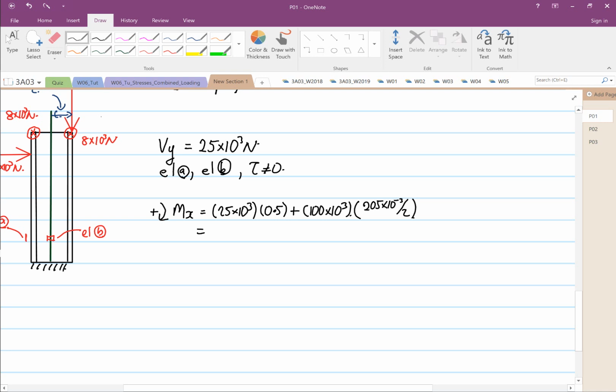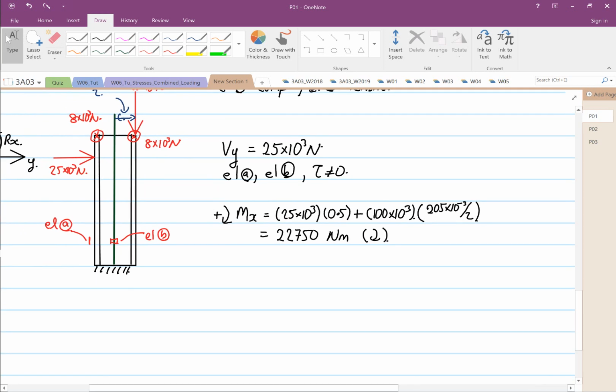So from here we will get power 3 times by 205 power minus 3 by 2. So 22750 Newton meter, and it's rotating this way.